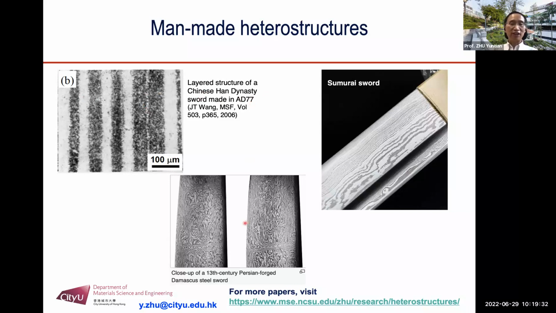And here's another one, a 13th century Persian Damascus steel sword. You can see it also has a layered structure. In modern time, they are still making this type of sword. This one is a Japanese samurai sword. You can see this is made of a layered structure. The reason they have this structure is to make the sword strong, tough, and sharp.